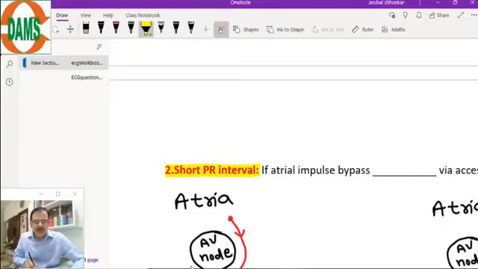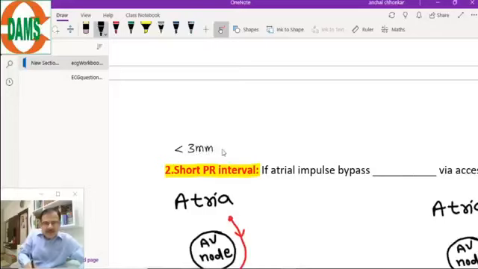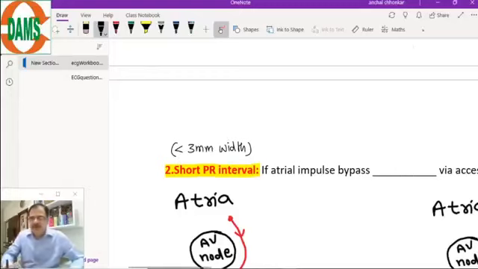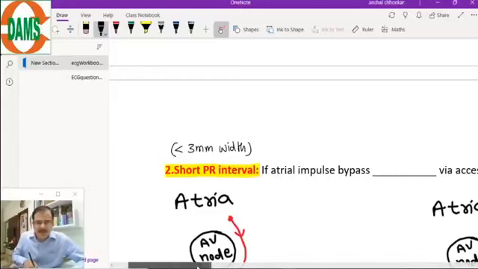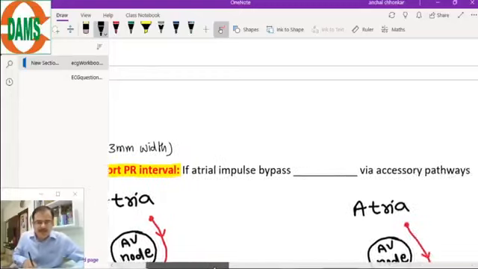And now the reason for the short PR interval: the PR interval will be less than 3 millimeter width. 3 millimeter of width will be the PR interval. Now the PR interval will get shortened.